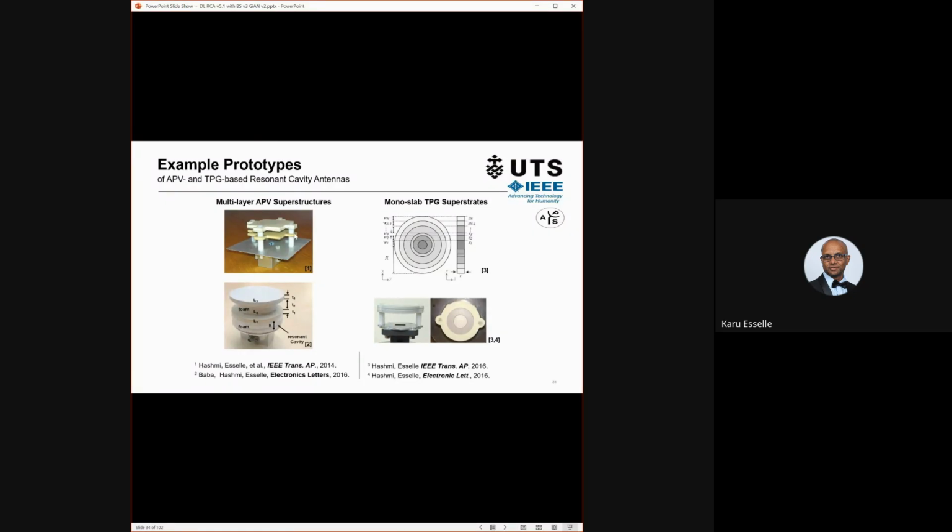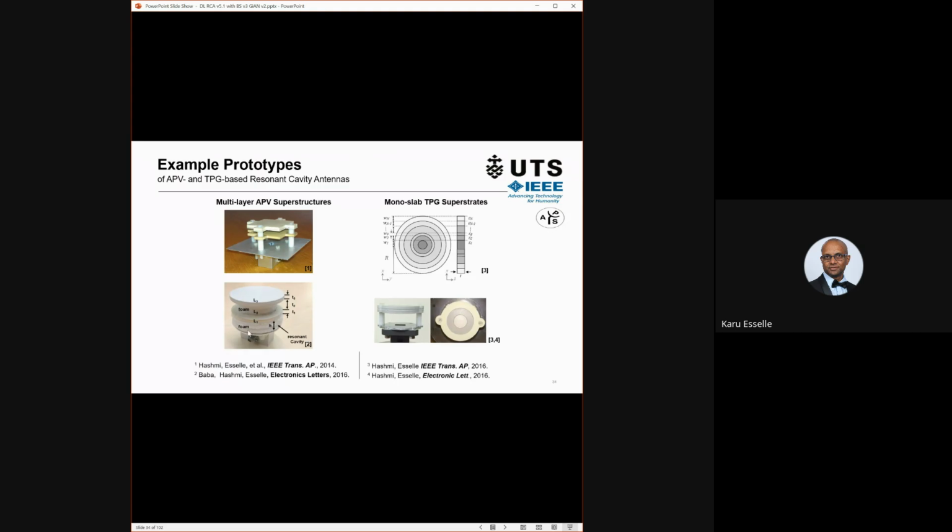So he came up with a lot of designs and some of them were published. Putting side by side, these are the ones with axial permittivity variation, a circular version of that. This whole part is the superstructure. This is the resonant cavity.